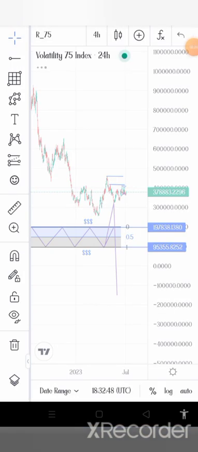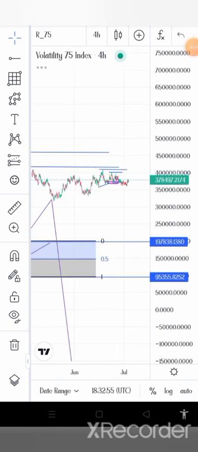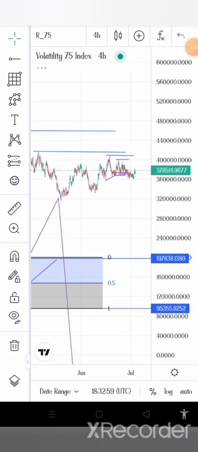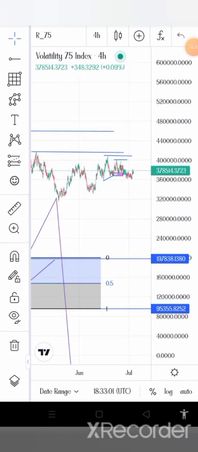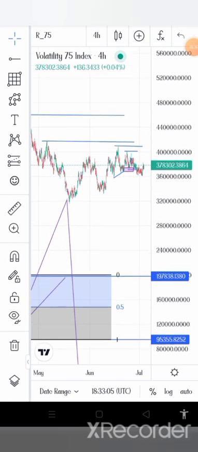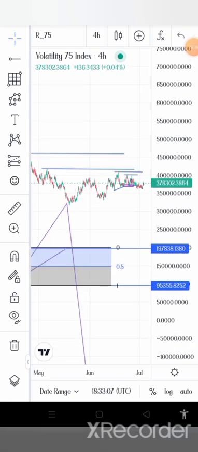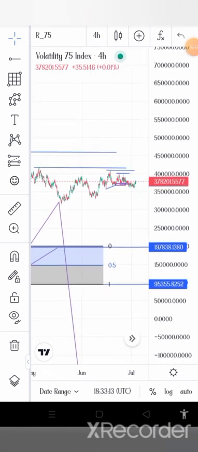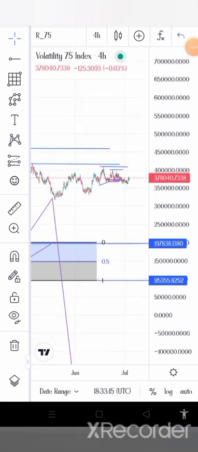So you move to the 4-hour time frame to determine the trend of the market, whether it's in an uptrend, a downtrend, or it's consolidating. So this is it. It's meant to be a downtrend, but I'm not seeing a basic direction.